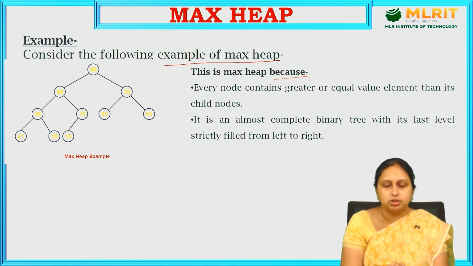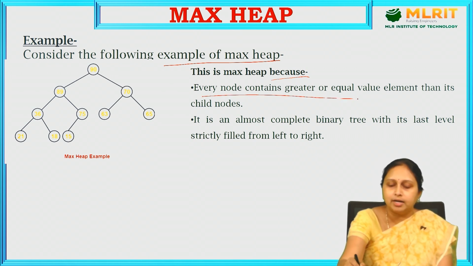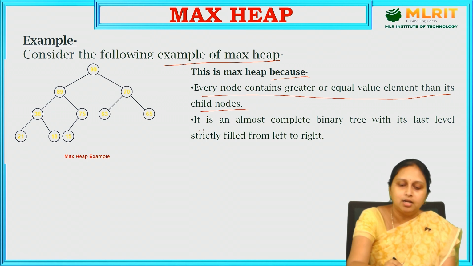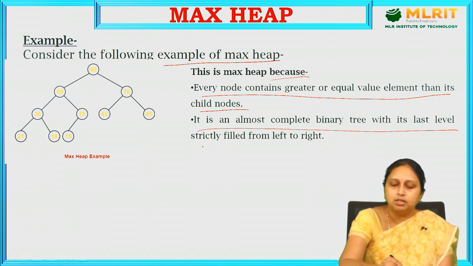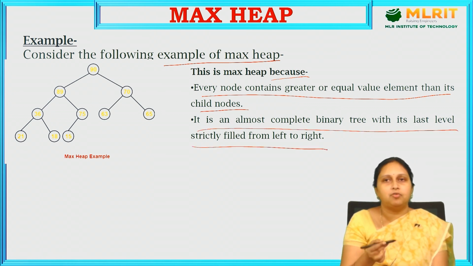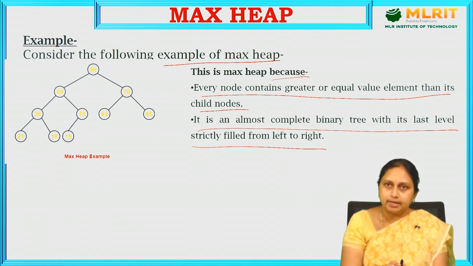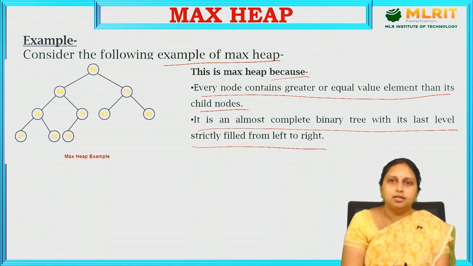Every node contains a greater or equal value than its child nodes, and it is an almost complete binary tree with its last level strictly filled from left to right. If it satisfies these 2 conditions, then we can say it is a binary heap, whether max heap or min heap. This is the max heap we are going to discuss, right?